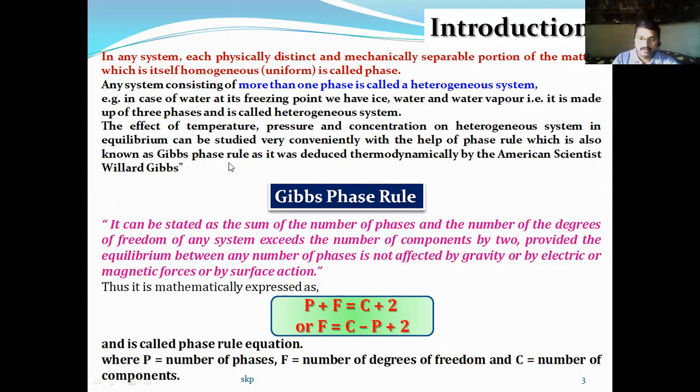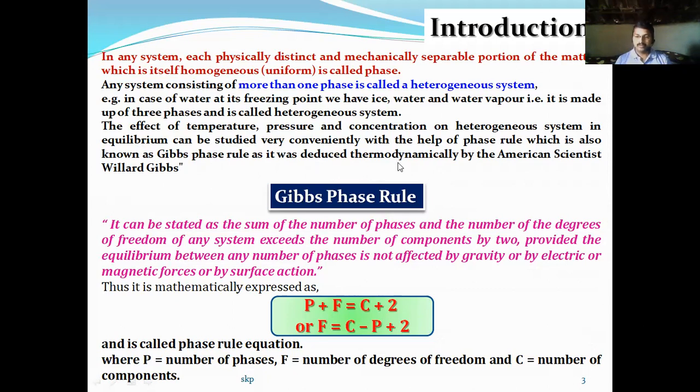So the effect of temperature, pressure and concentration on heterogeneous systems at equilibrium can be studied very conveniently with the help of phase rule, which is also known as Gibbs phase rule, as it was deduced thermodynamically by the American scientist Willard Gibbs.